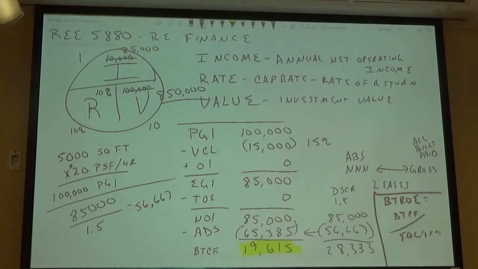In this case, your before-tax cash flow is the 19,615. And our equity, what was that number? 484,951.